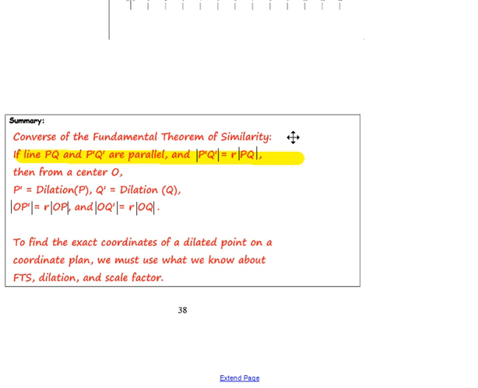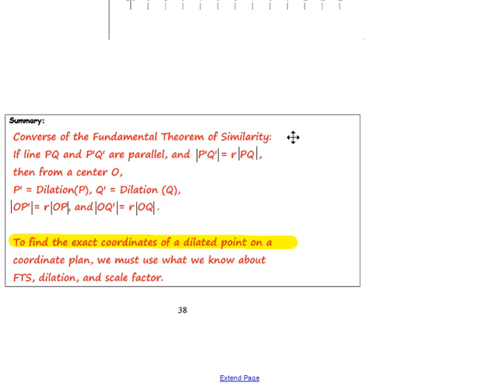If lines PQ and P'Q' are parallel, and the length of P'Q' is equal to the scale factor times the length of the original segment PQ, then, from center O, we will have P', which is a dilation of P, and Q', which is a dilation of Q. And we will know that the length of OP' is equal to the scale factor times the length of OP, and OQ' is equal to the scale factor times the length of OQ.